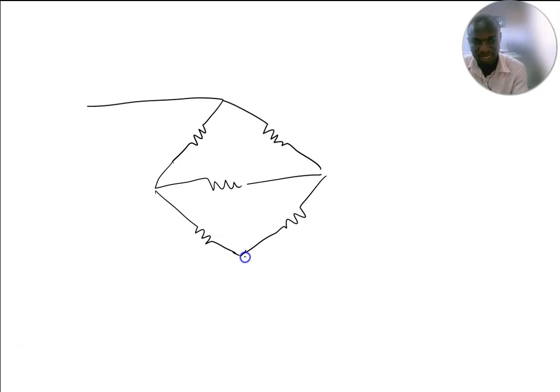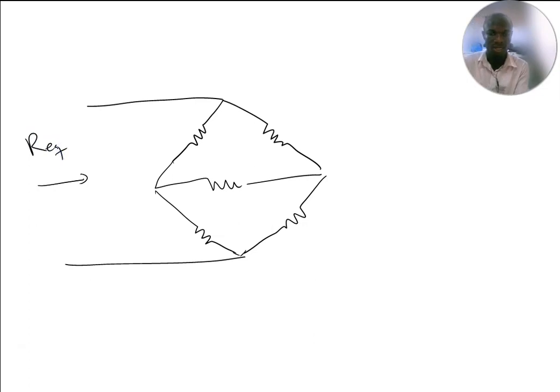So something like this. And I'm asked to find the equivalent resistance. You get it? So let me write the values. 8, 15, 6, and we have 12 here, and we have 10 here.